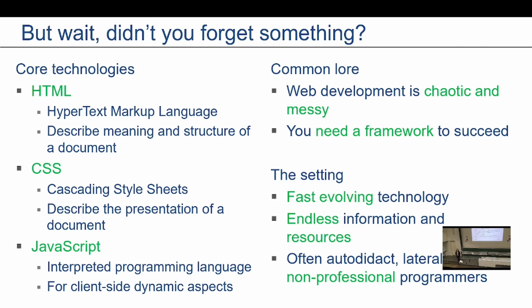And you cannot live without this framework, of course. And of course, when you are a newcomer, it's very difficult to decide what makes sense and what doesn't, because there is so much information out there. And also a problem, most programmers are autodidacts, lateral entrants, non-professionals. Well, a website, everybody can program a website, yeah? The browser will make something out of it, yeah?